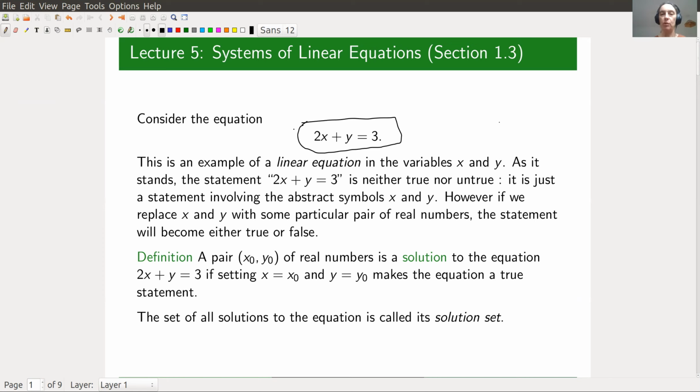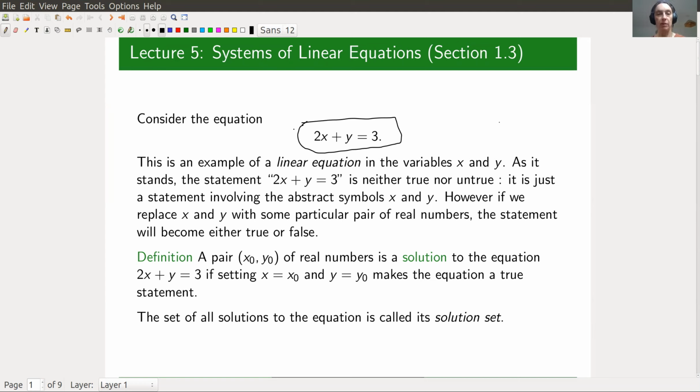So anything of that form, 2x plus y equals 3, 3x plus 4y plus minus 7z equals 10, anything like that. So what makes it linear? I guess it doesn't have any products or expressions involving the variables, apart from just a linear combination of them with some coefficients. And so a solution of a linear equation is a collection of values that you can assign to the variables that make the equation into a true statement.